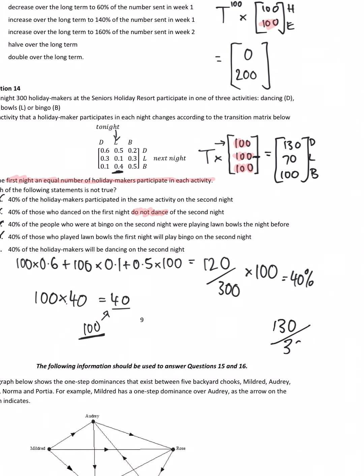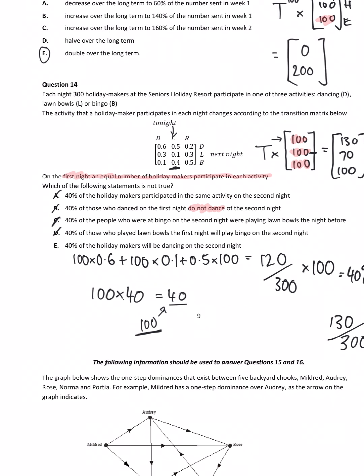So we've still got 300 people in the holiday resort. So 130 on 300 times 100 will equal 43.3 repeating percent. So we eliminate all the other ones, but E's the incorrect answer.